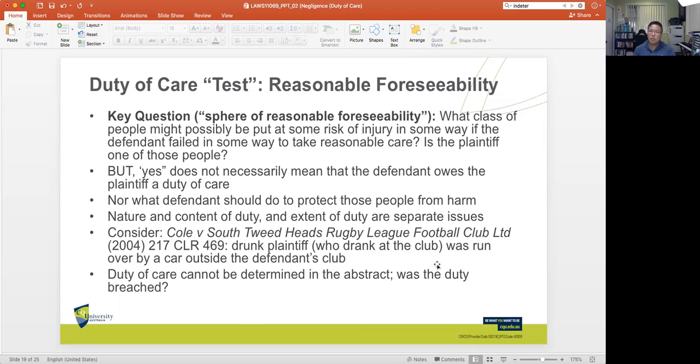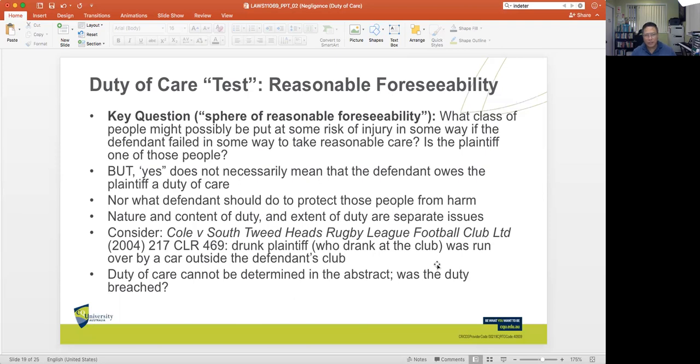So in other words, because of the overlapping concepts of duty of care, breach, and damage, these three elements always have to be considered before you answer the question of whether or not there's legal liability on the basis of the tort of negligence.